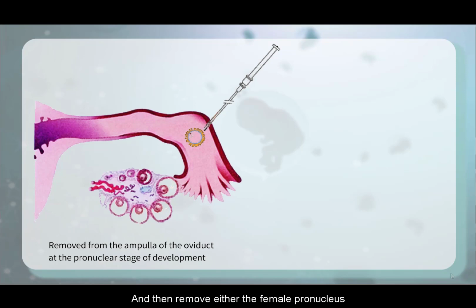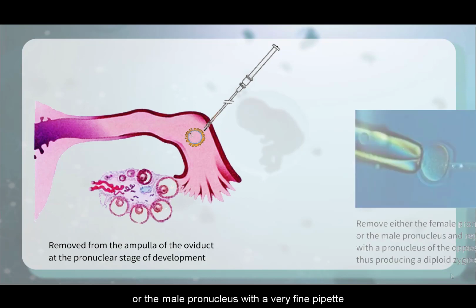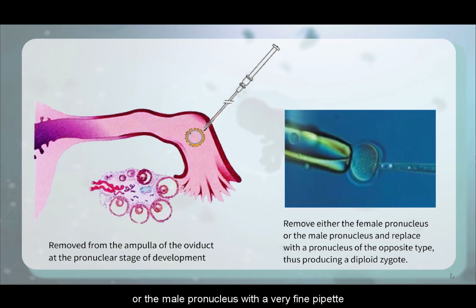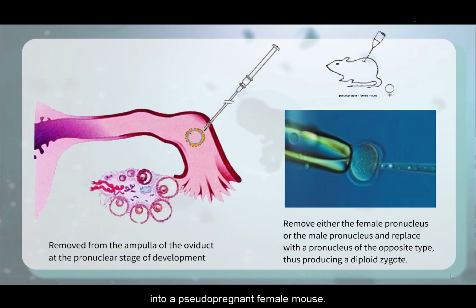Then, remove either the female pronucleus or the male pronucleus with a very fine pipette and replace it with a pronucleus of the opposite type, thus producing a diploid zygote. And then implant the zygotes into a pseudopregnant female mouse. They had generated embryos that contained either two sets of chromosomes inherited from the mother or two sets of chromosomes inherited from the father.